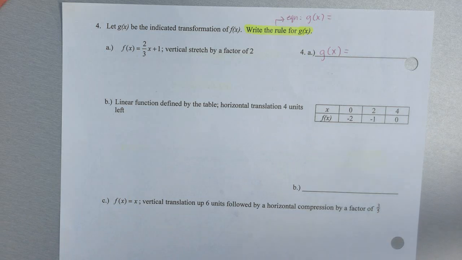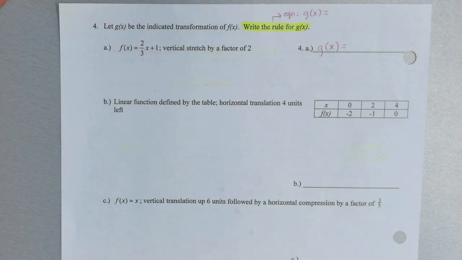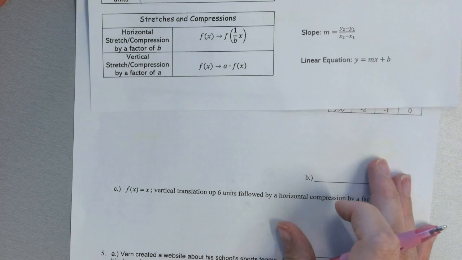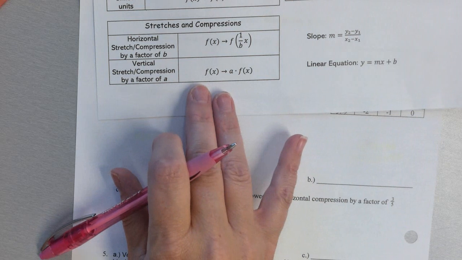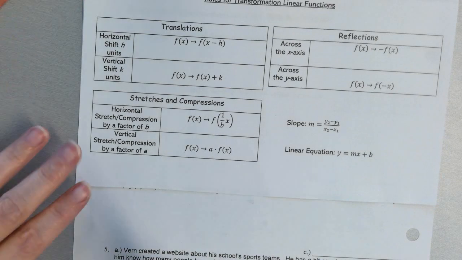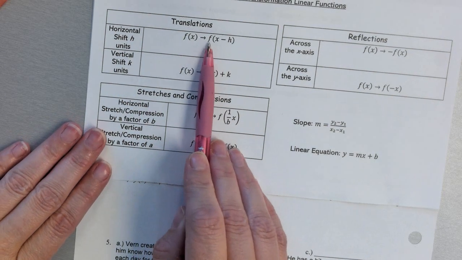Okay, and then one thing I am going to let you have on the quiz is a formula sheet. So I'm going to show you what that looks like. And we're going to use it as we go over the back side of the page. I see lots of smiles, maybe some sighs of relief. So here are the rules for the transformation of linear functions that you are going to have. So you're going to have the translations, but you're going to have to know what this means, okay?